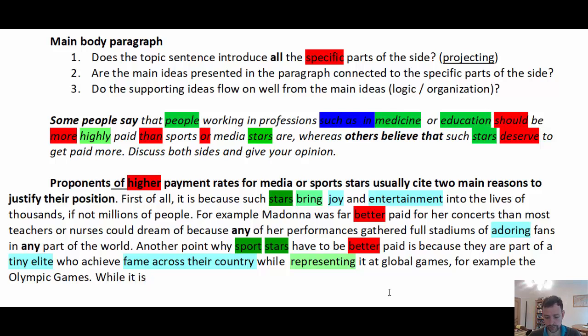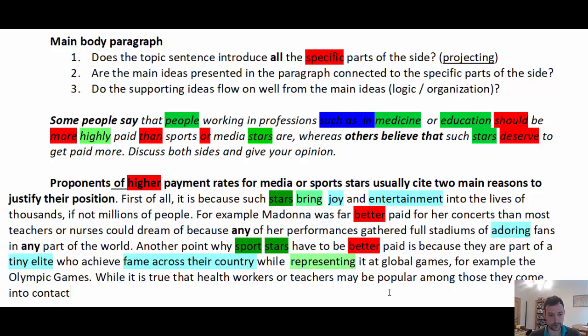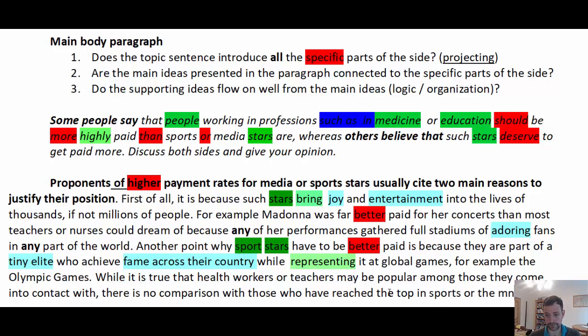While it is true that health workers or teachers may be popular among those they come into contact with, there is no comparison with those who have reached the top in sports or the media.